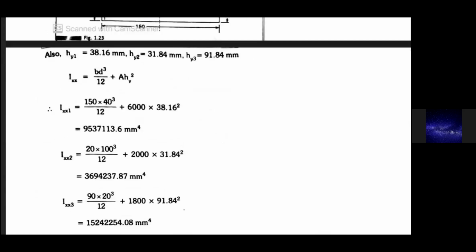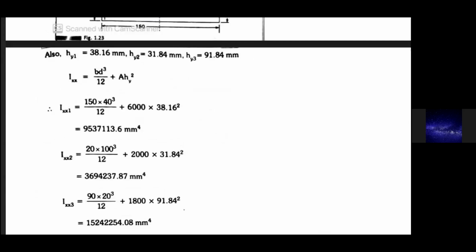Next, find the moment of inertia about the x-axis. Ixx is equal to Ixx1 plus Ixx2 plus Ixx3. So I have to find Ixx1.